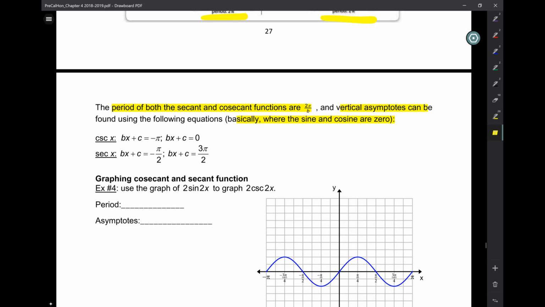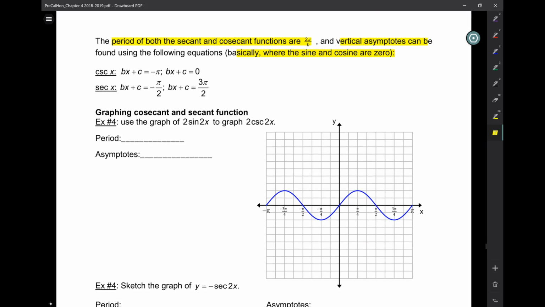All right. So what we're going to do here is use the graph of 2 sine 2x to graph y equals cosecant 2x.